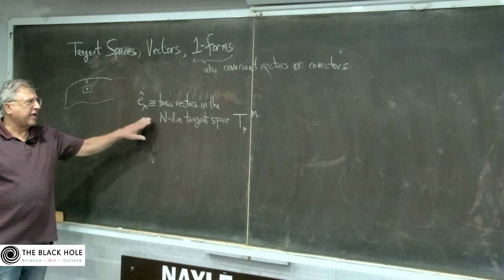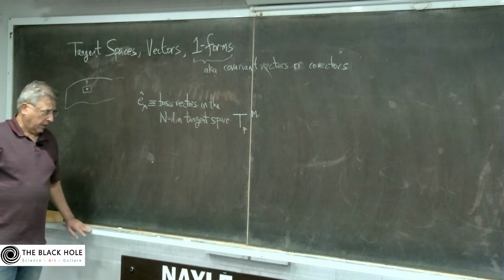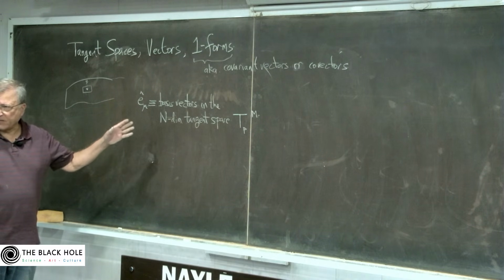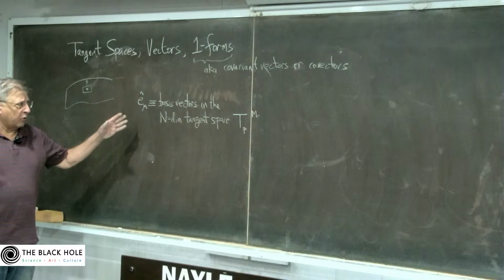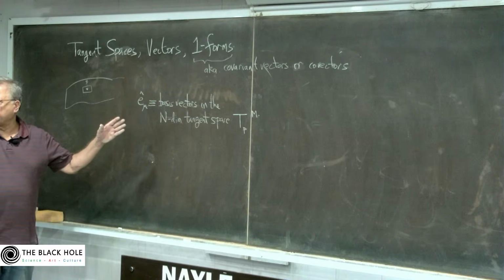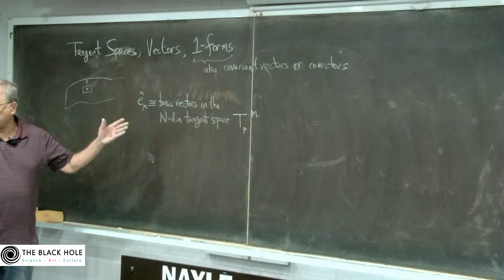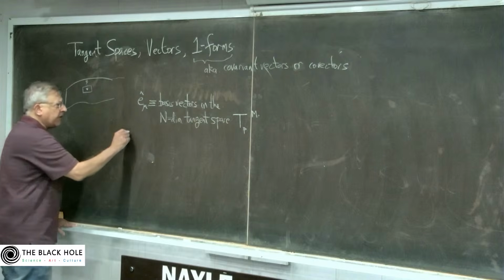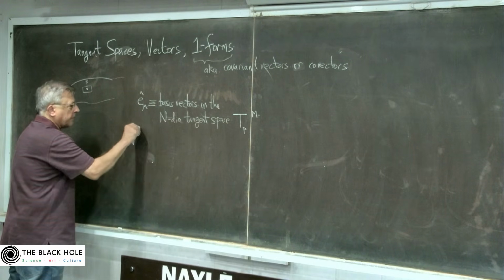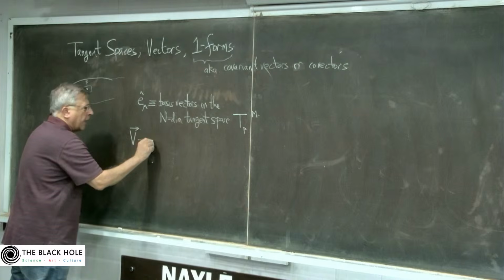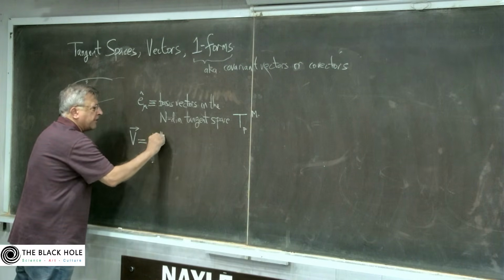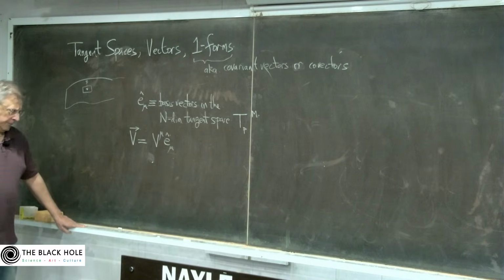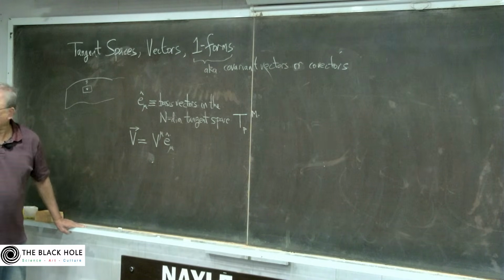So this is very, very local. So in the language of mathematics, this is a local patch which is isomorphic to R2 or to Rn in general. Okay. So a general vector V can be written as the components V mu, E mu hat.